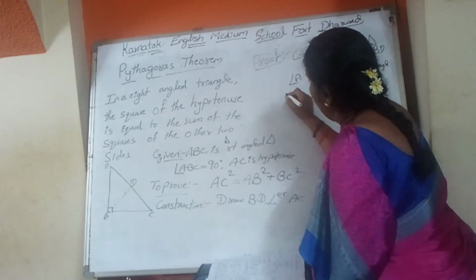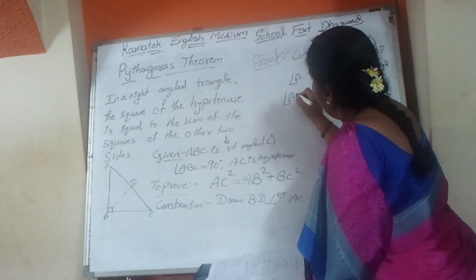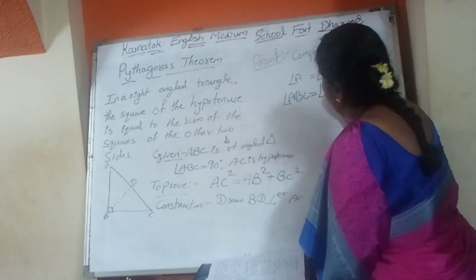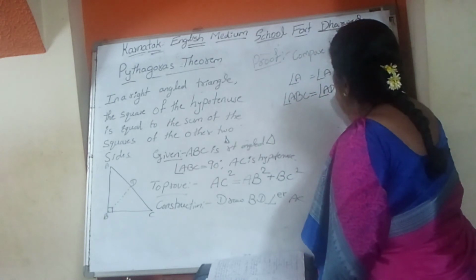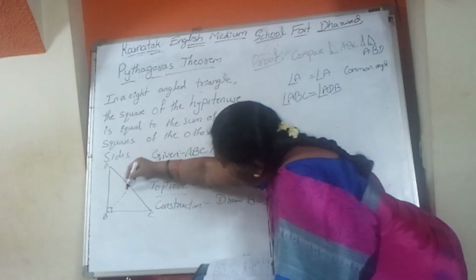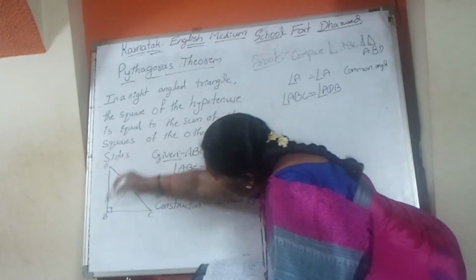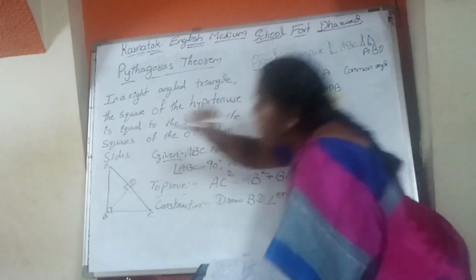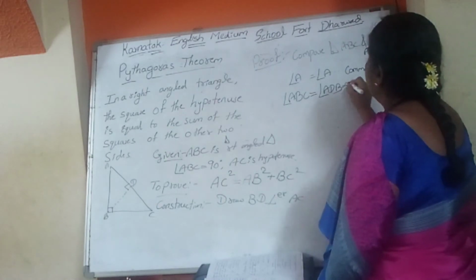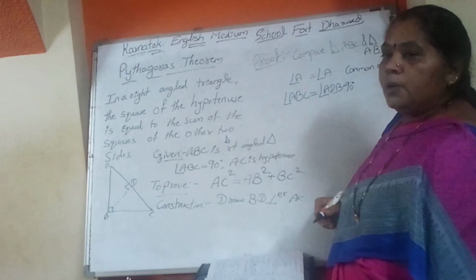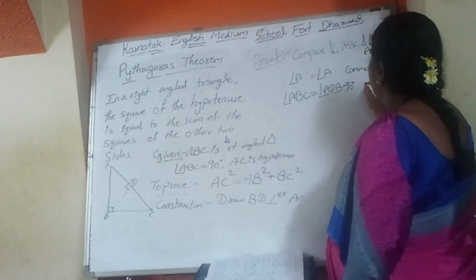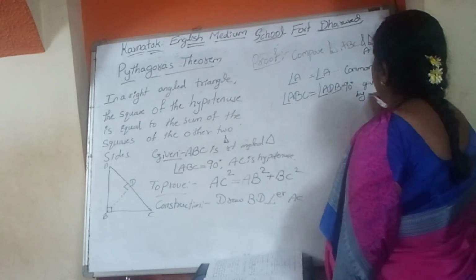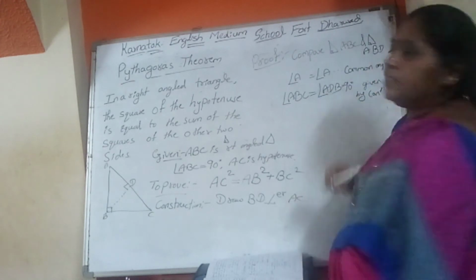Then angle ABC is equal to angle ADB, this is equal to 90 degrees, given and by construction.